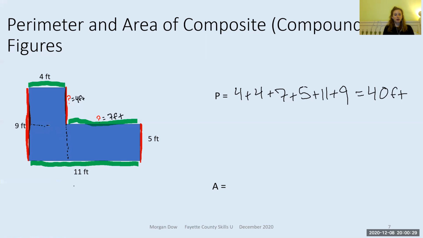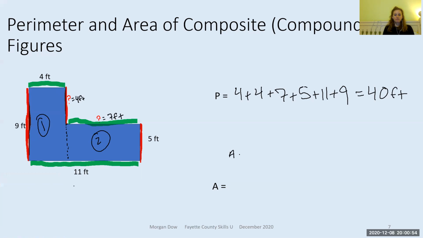You could bring a line across here to split it up into a square on top and then a rectangle on the bottom. You can do it either way you want. Both ways will bring you to the same answer. I'm going to split it up into 2 rectangles. I'm going to call this rectangle 1 and rectangle 2.